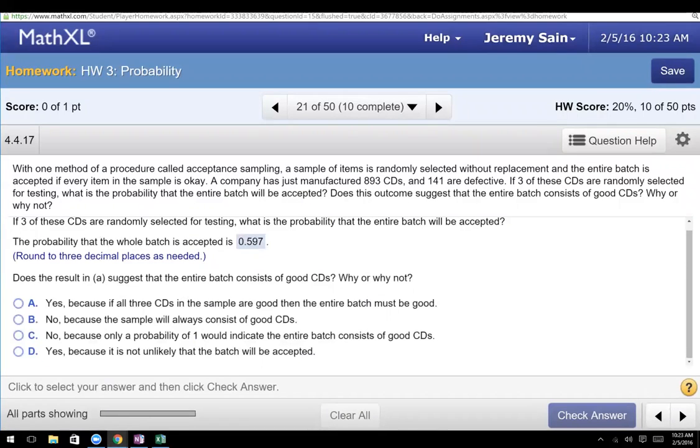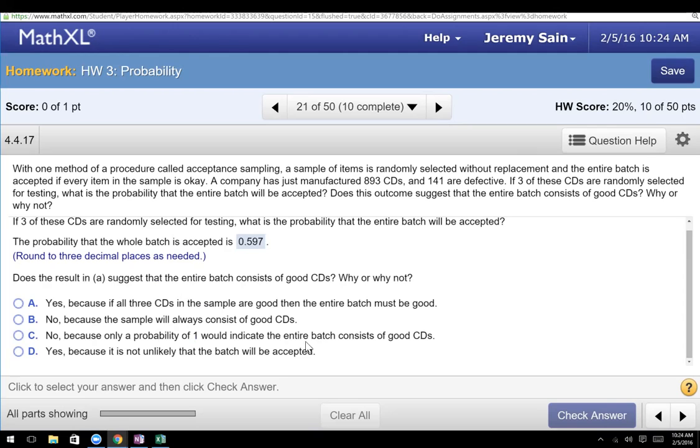So if we didn't know going in that actually 141 of them were bad, if I say, okay, I did this little sample, the 3 were good, would you think that's enough to say that the whole thing was good? Why not? Yeah, I mean, that seems like pretty low odds, but let me see what this is.